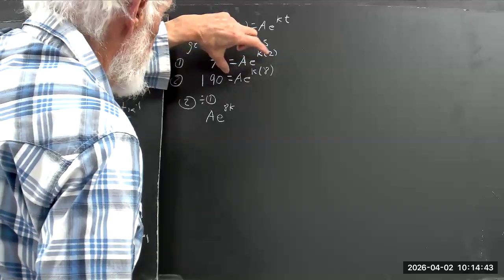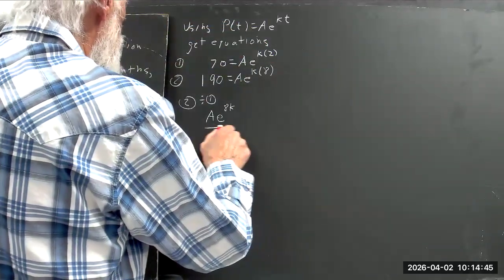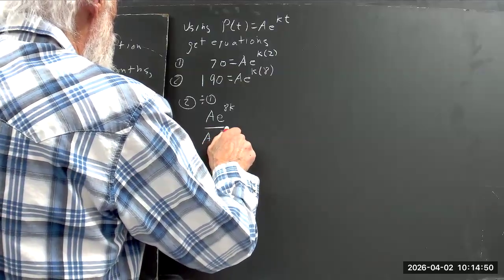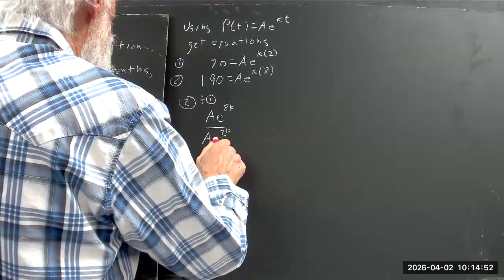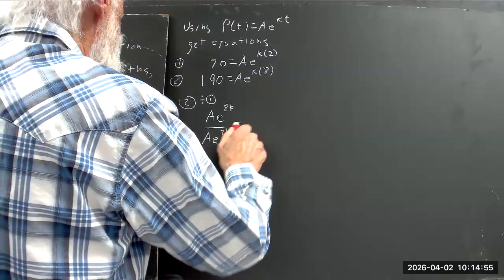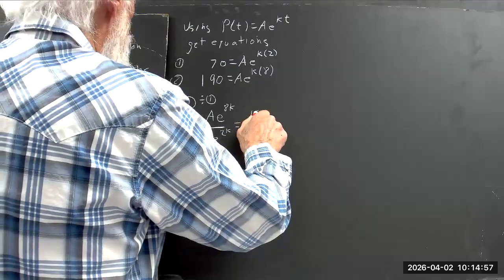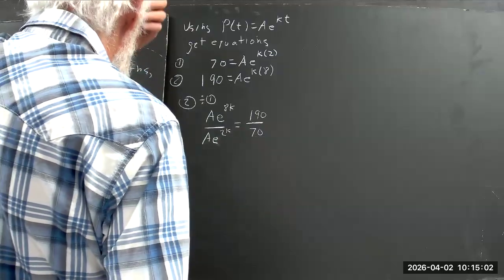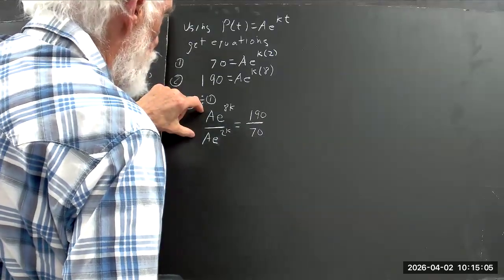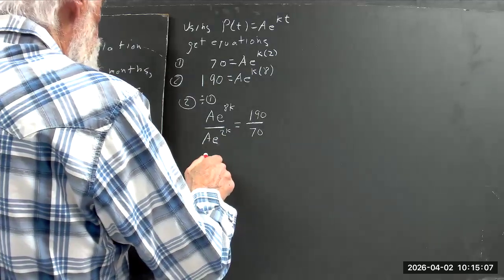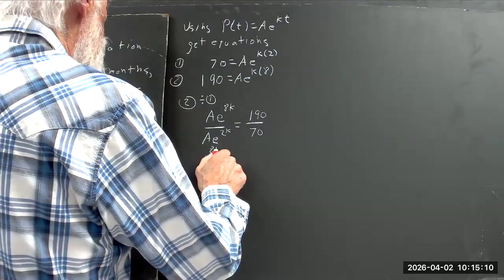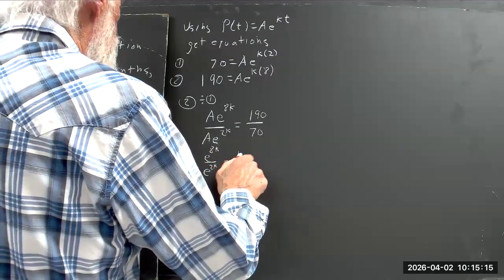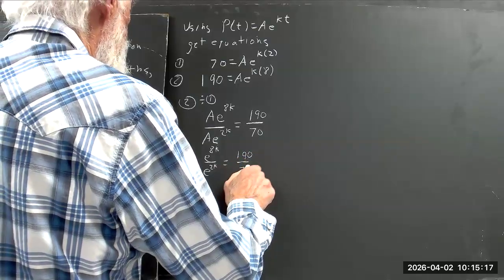So the right-hand side here is A e to the 8k, divided by A e to the 2k. That's going to equal 190 over 70. If I do the division here, the A's divide out, and I end up with e to the 8k over e to the 2k equals 190 over 70.